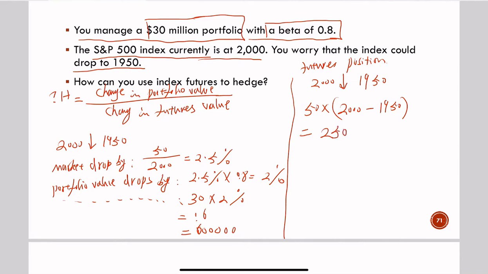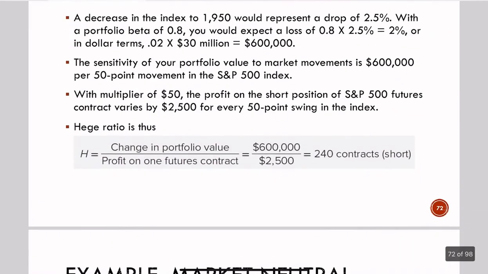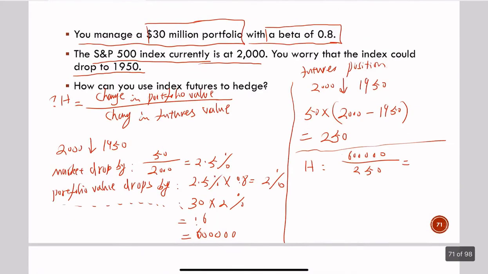Now the hedge ratio can be calculated by the change in the portfolio value, which is 600,000, divided by the change in the futures position. This gives you, I don't know, what? Sorry, this should be 2,500.